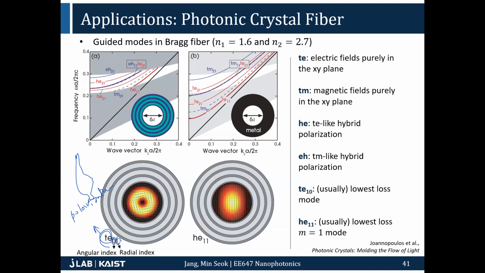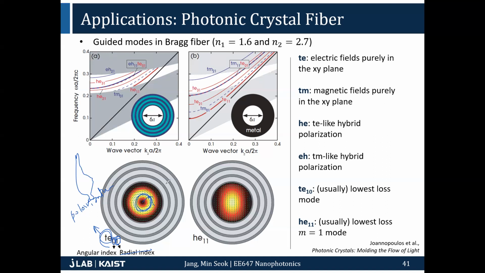In this case, 0 is the angular index. So an angular index of 0 means there's no node, no up and down along the angular direction. And then the radial index is 1, which means there's only one node in the radial direction.